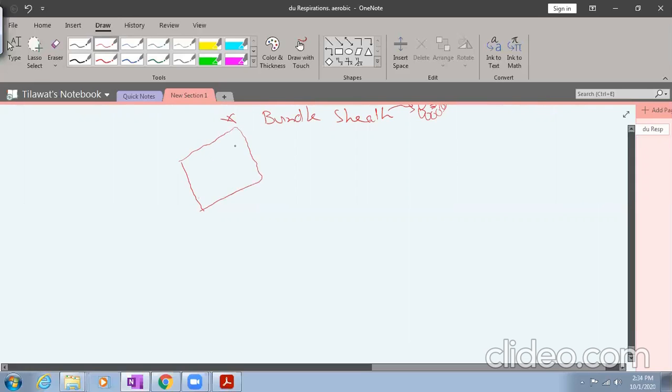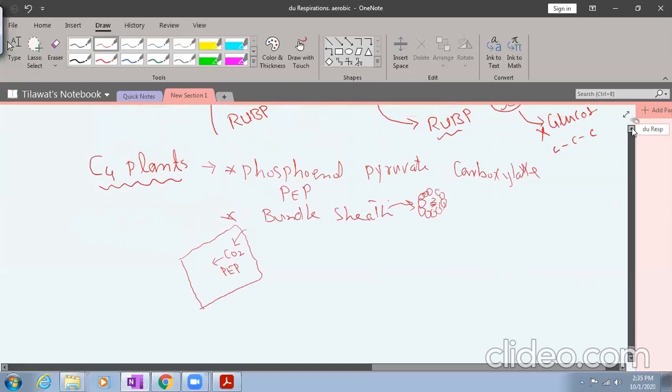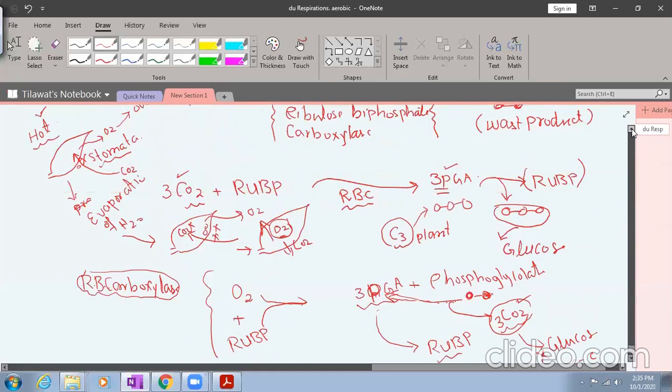So this PEP carboxylase in the mesophyll cell, if oxygen is more, no matter what, will combine this carbon dioxide with PEP, phosphoenolpyruvate. Just look toward here. I will discuss this pathway to you here. You will understand it well.